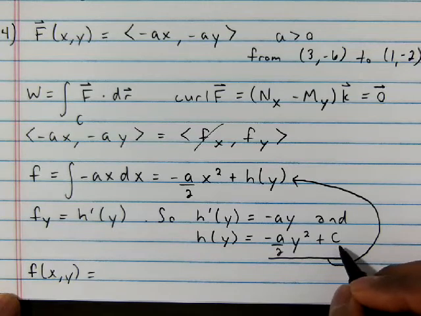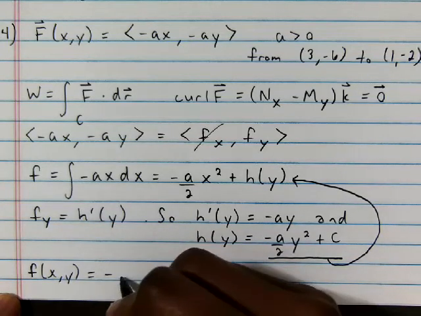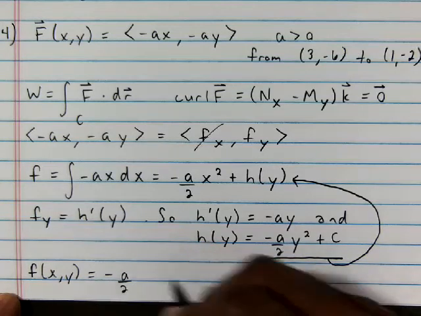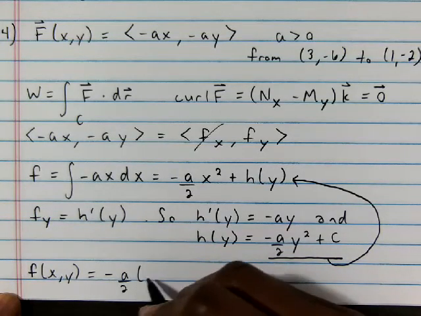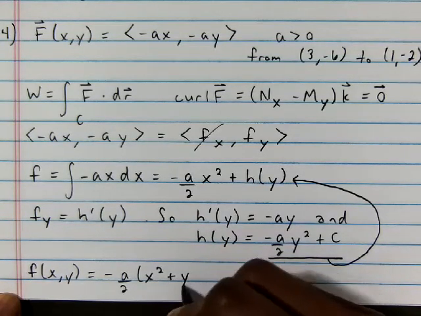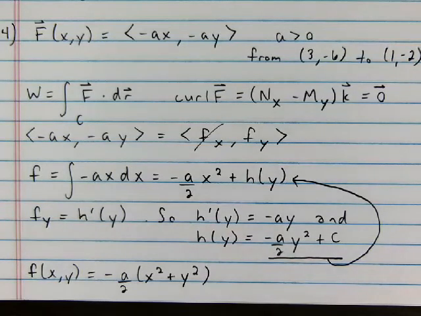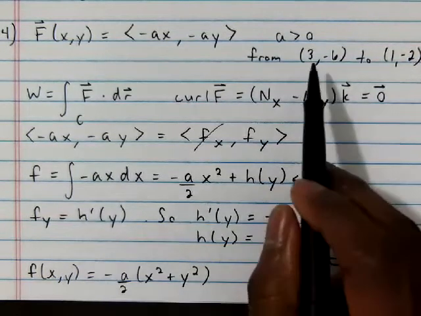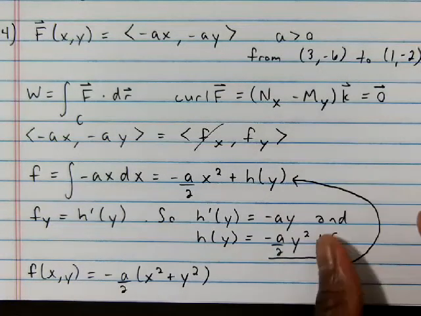I'm going to take my c to be 0. You can take your c to be whatever you want it to be. So this is negative a over 2 times x squared plus y squared. And now to evaluate our line integral, we're just going to evaluate this at 1, negative 2 minus this evaluated at 3, negative 6.